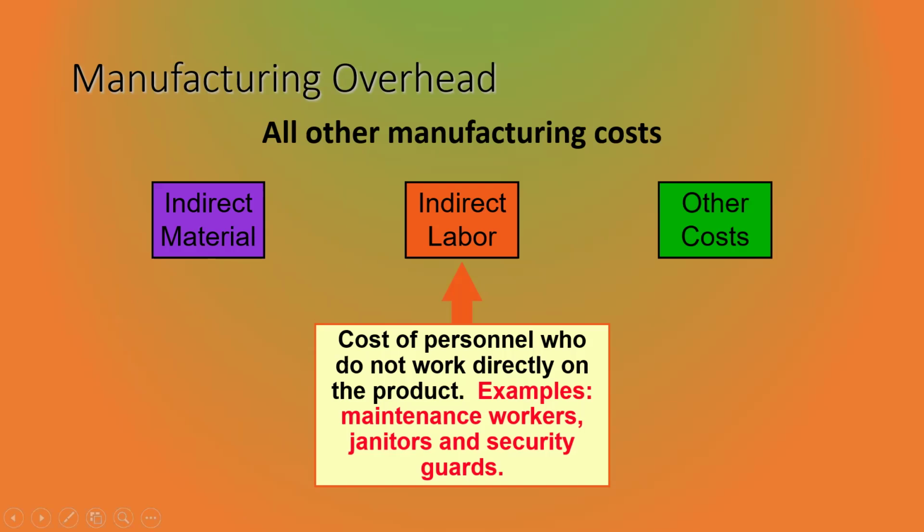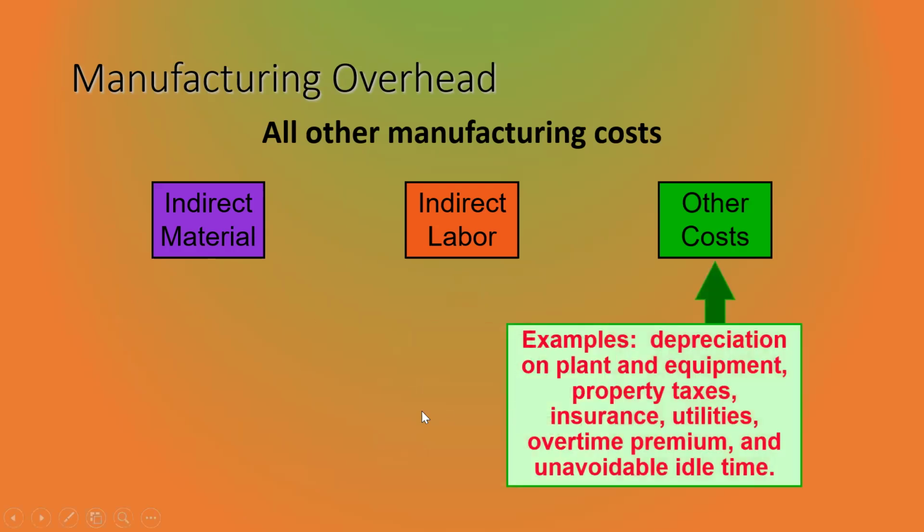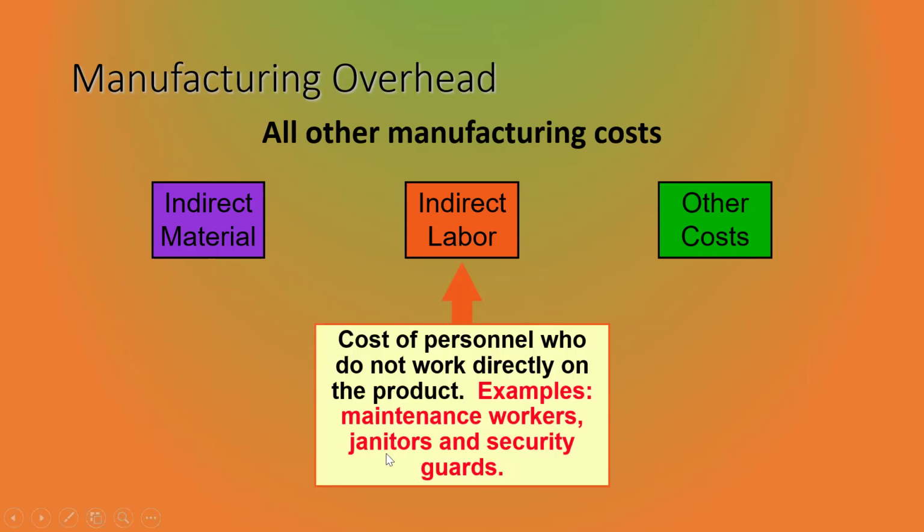For example, here we have maintenance workers, janitors, or security guards, even inspection staff. So they are not directly involved, but of course they are supporting manufacturing process. So they are part of the product cost, but they are called indirect labor.